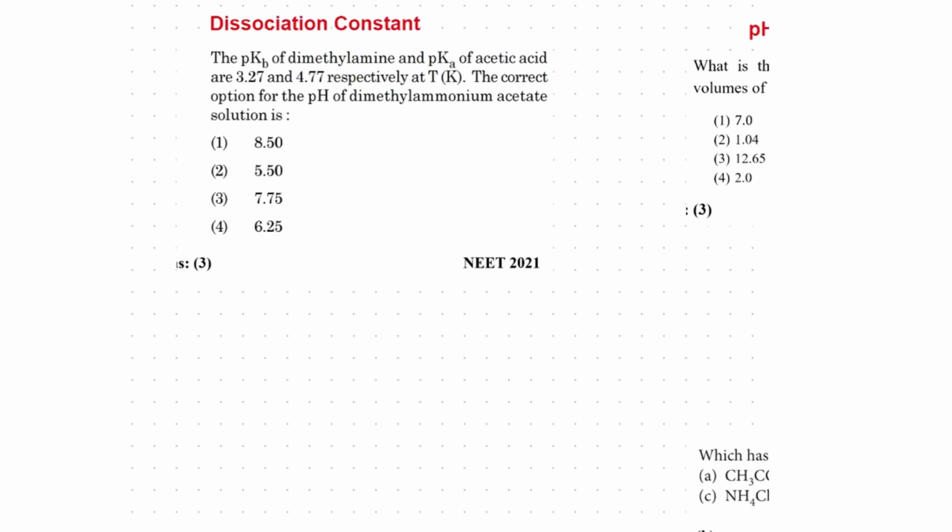Look at the first problem under the topic dissociation constant. The pKb of dimethylamine and pKa of acetic acid are 3.27 and 4.77 respectively.